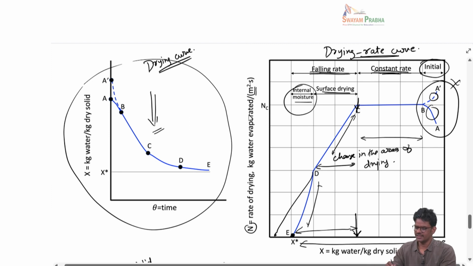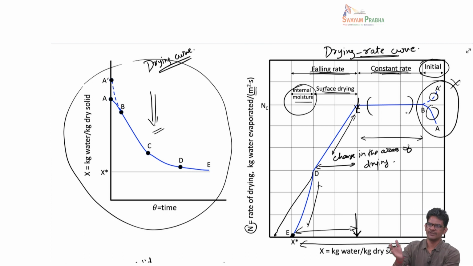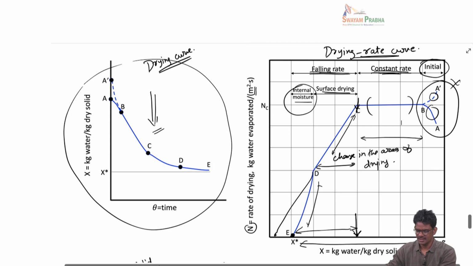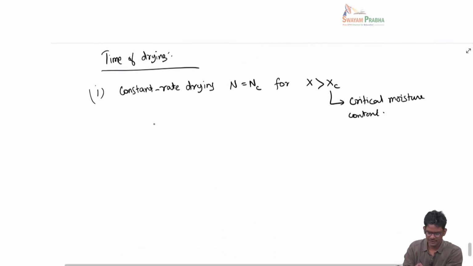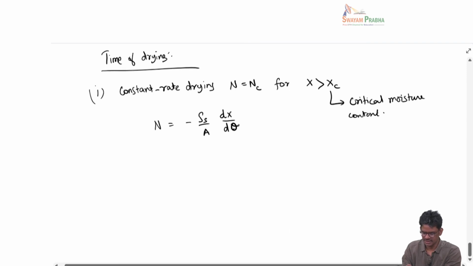So let's say we are looking at drying in this particular range somewhere. Okay, we want to reduce the moisture from one level to the other, but during that operation, let's say the rate is constant. If that's the case, getting the time of drying is so easy, because we go to the definition of N, which is minus SS by A dX by d theta.